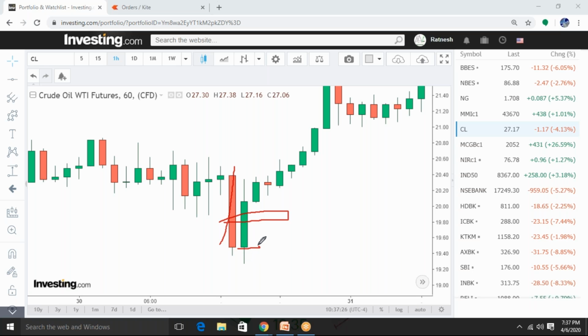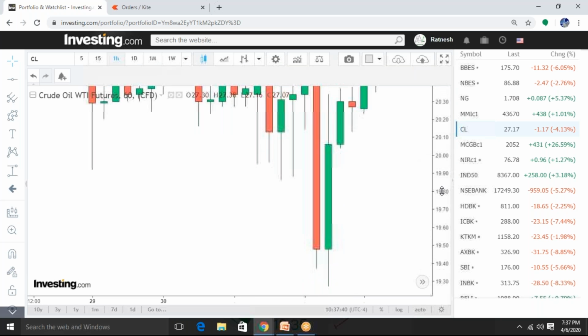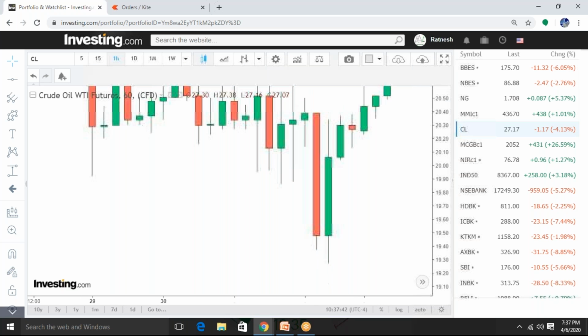Both are fine, both are almost equal, but the name given is different. It is almost tweezer bottom. Both have the same logic and work the same, and the opening and closing are almost the same.